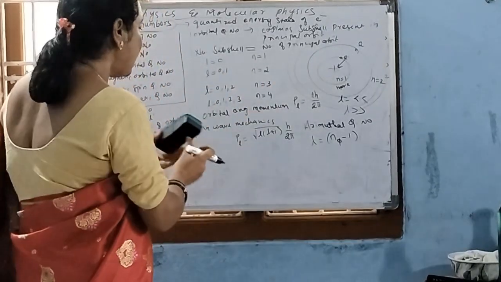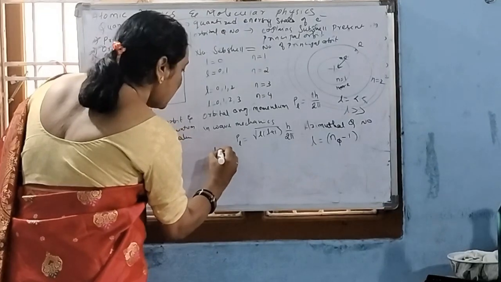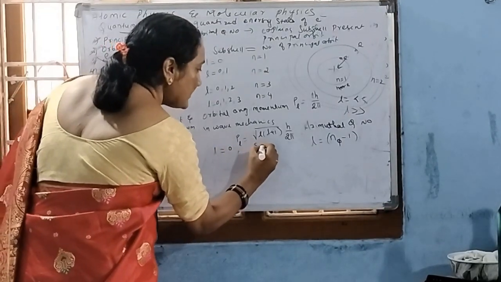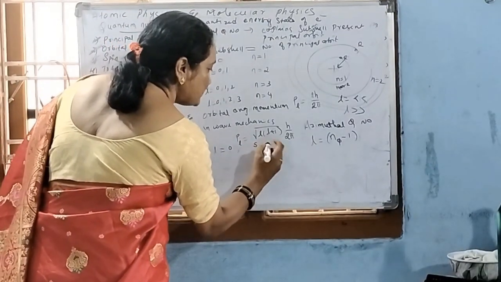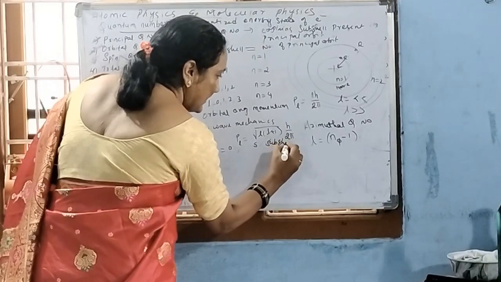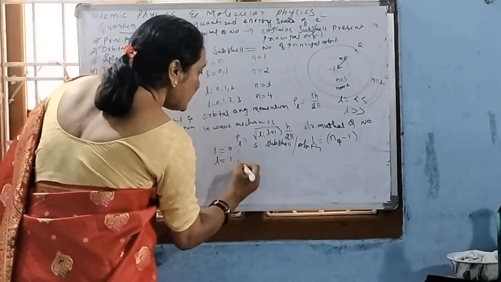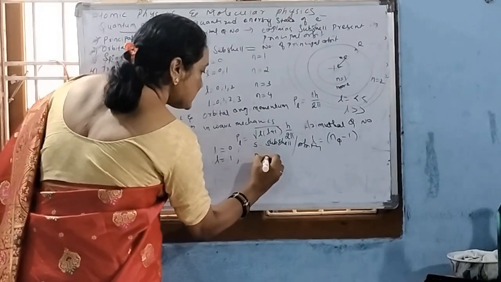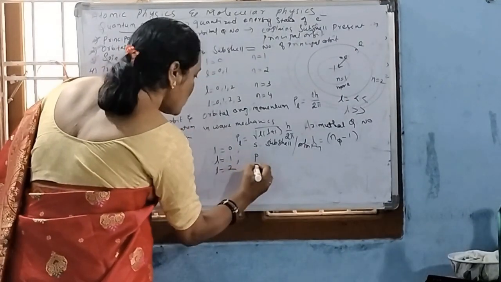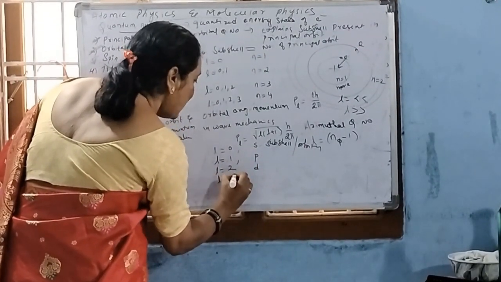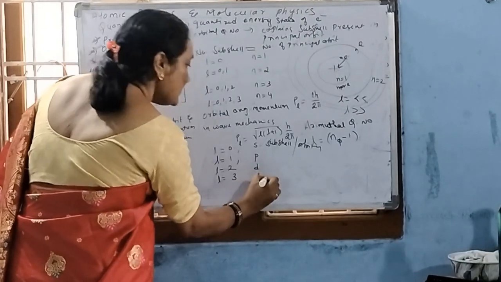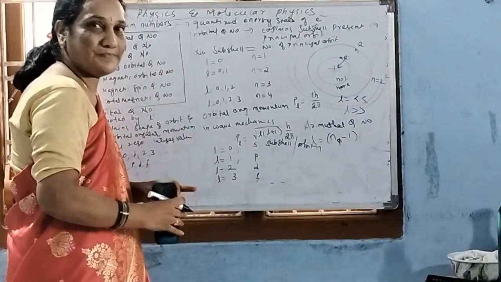Another thing I forgot to say: if L equal to 0, we call it the S orbital or S subshell. If L equal to 1, P subshell. If L equal to 2, D subshell. If L equal to 3, F subshell, and so on.